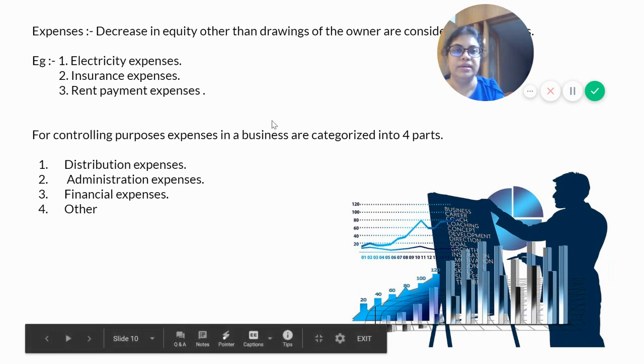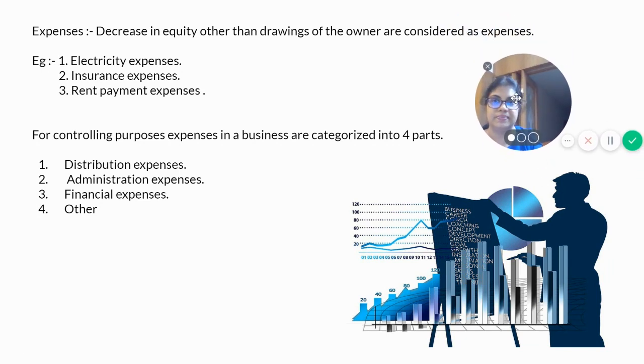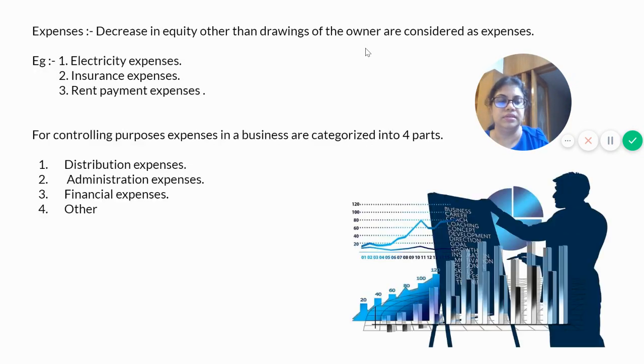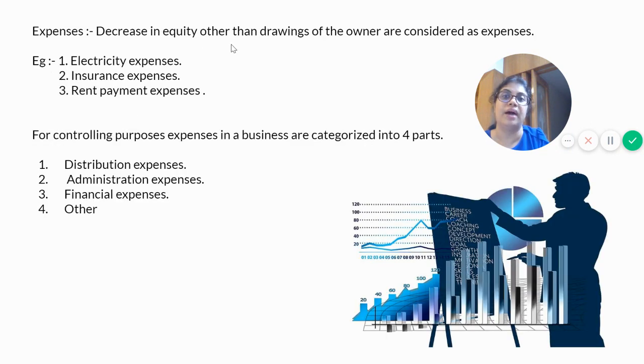Then what are the expenses? What do you mean by the term expenses? Decrease in equity. Decrease in equity other than drawings of the owner are considered as expenses. You know what the drawings are.